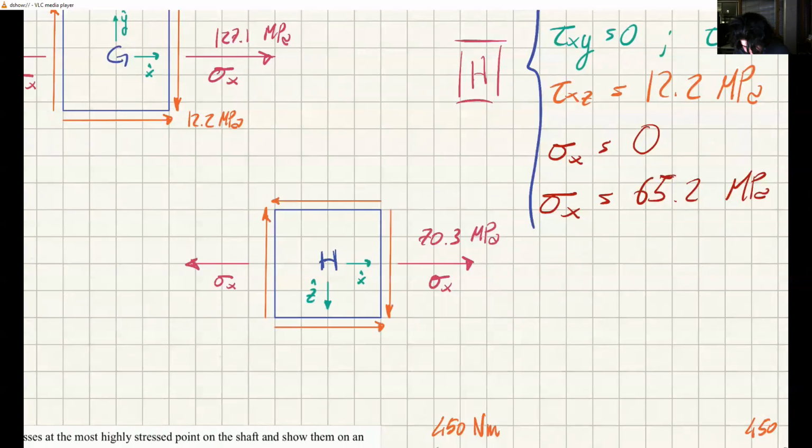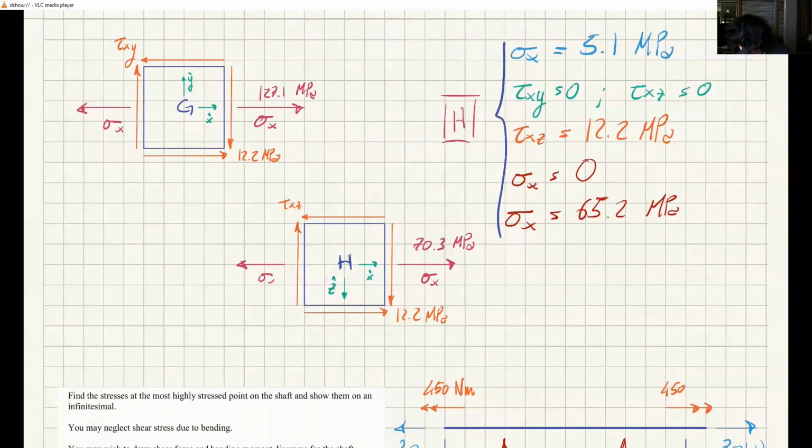No, overall, the arrows were correct. Because x phase direction z. So this is the positive tau xz. So this is 12.2 megapascals. And this is tau xz. There you go.